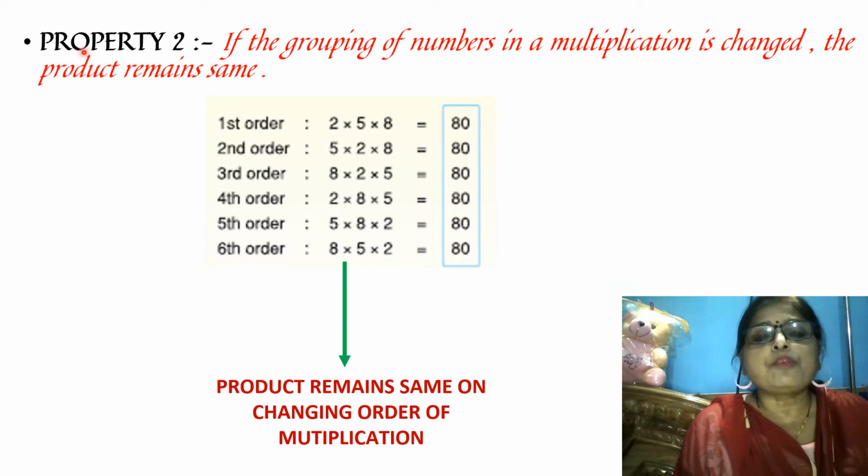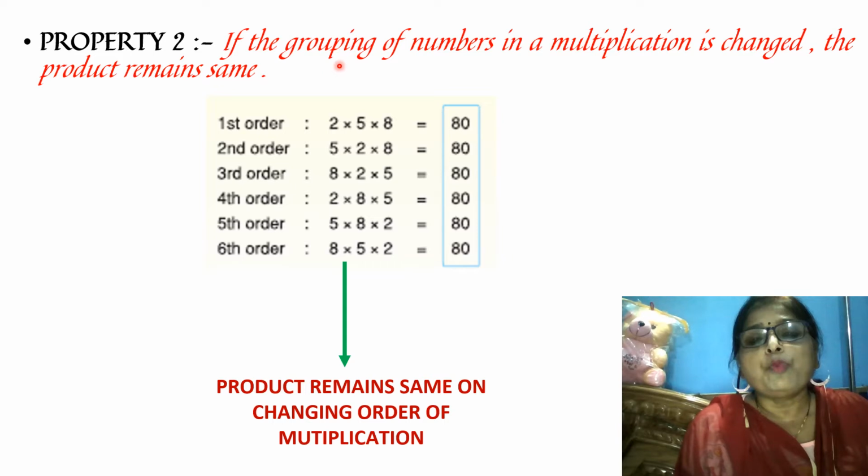My dear students, property number 2. If the grouping of numbers in the multiplication is changed, the product remains the same. Suppose you are multiplying 2 into 5 into 8, and you change the order: second order 5 into 2 into 8, third order 8 into 2 into 5, fourth order 2 into 8 into 5, fifth order 5 into 8 into 2, and in sixth order 8 into 5 into 2.